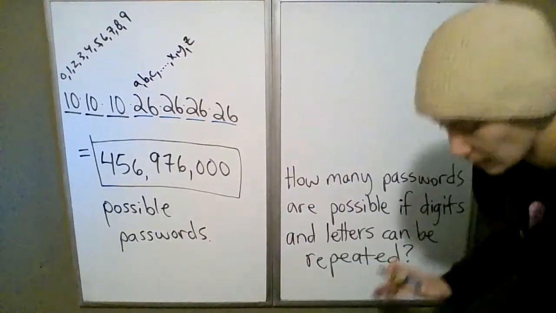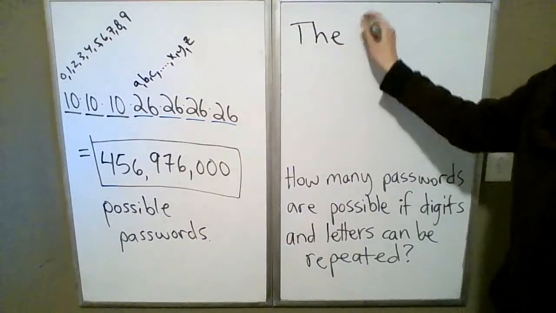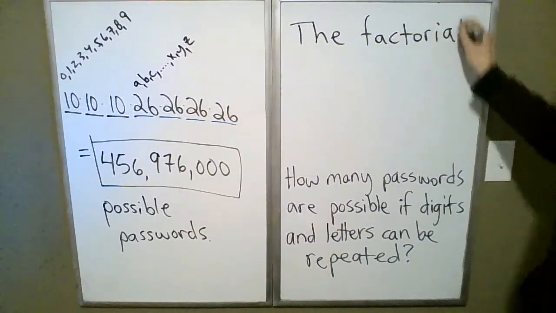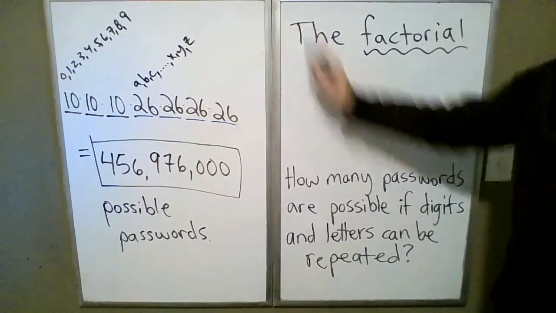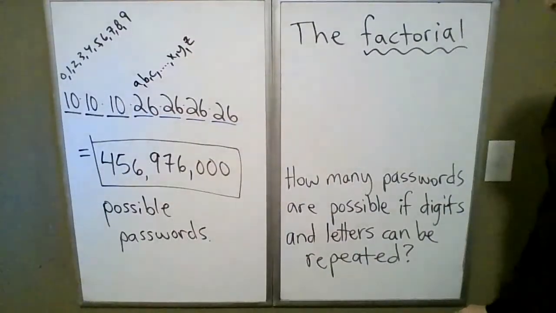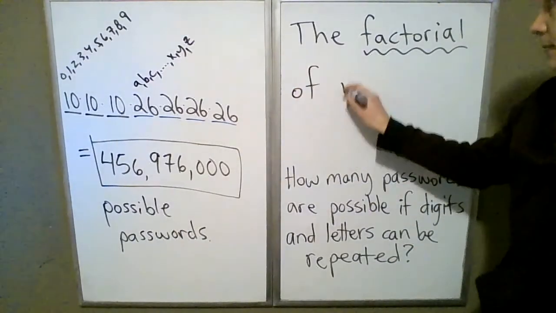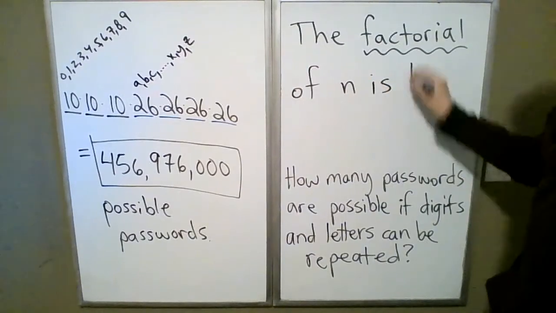All right, so the factorial of lowercase n is written like this.